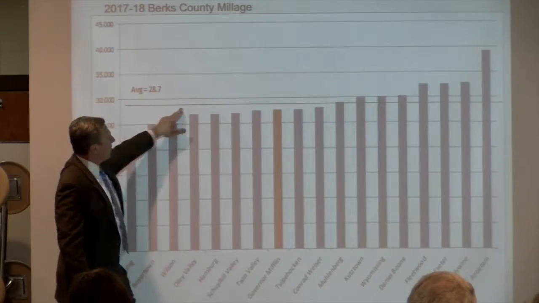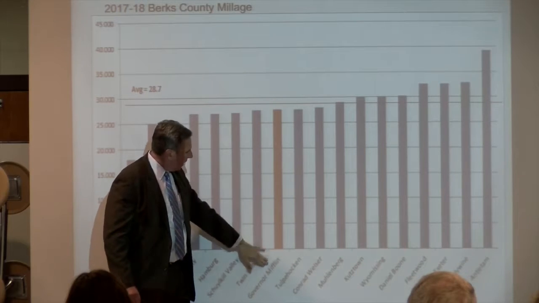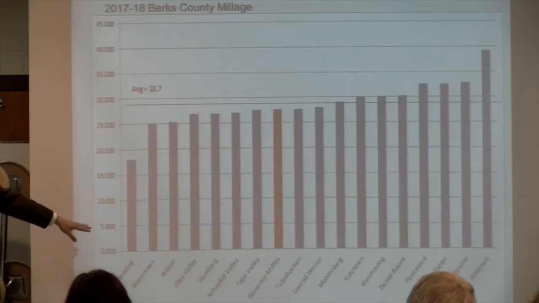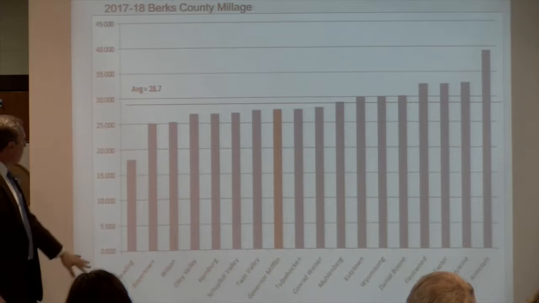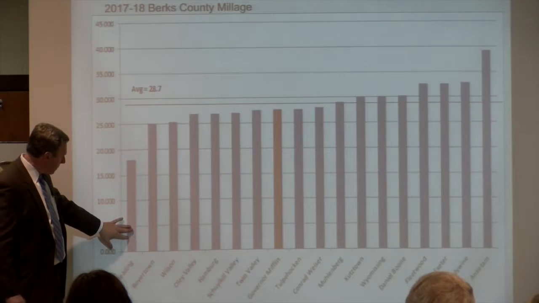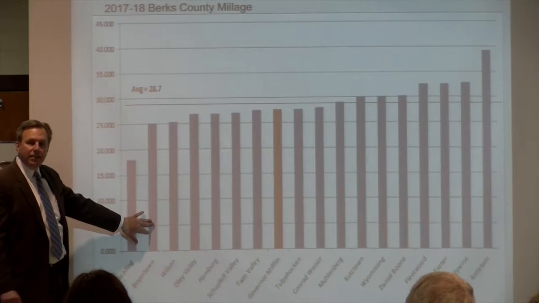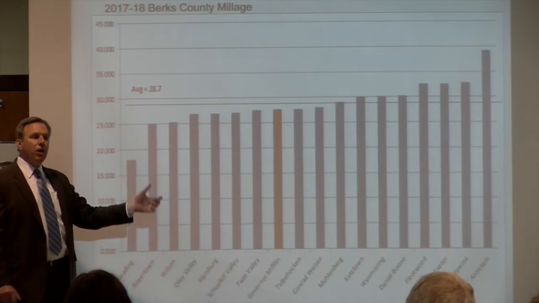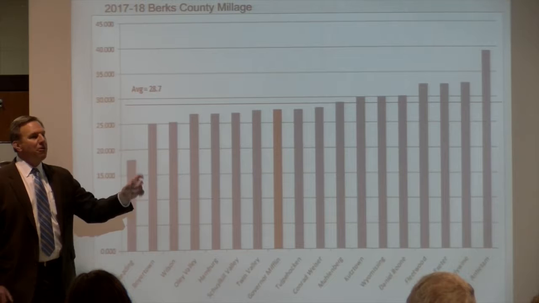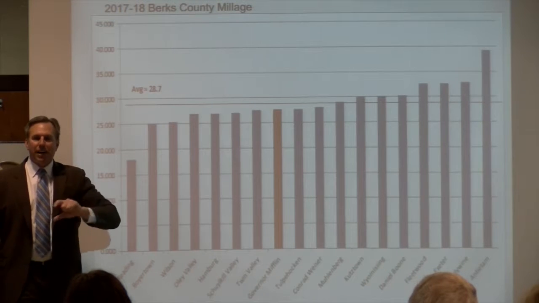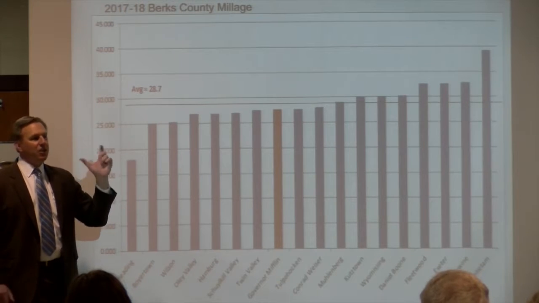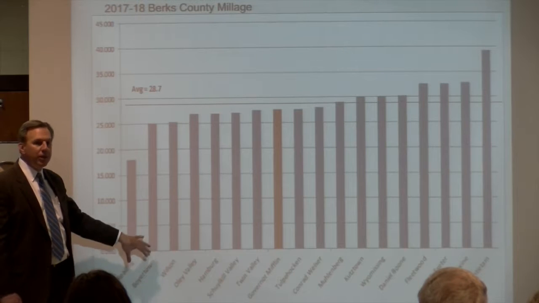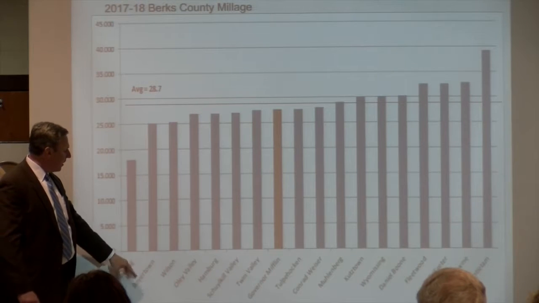In comparison to the other school districts, Reading has the lowest millage. Boyertown is second to that. I bring up again that Boyertown is in Montgomery County and Berks County. Every county has its own millage formula, and Montgomery County has a different formula on how they determine millage, but that does factor into it.